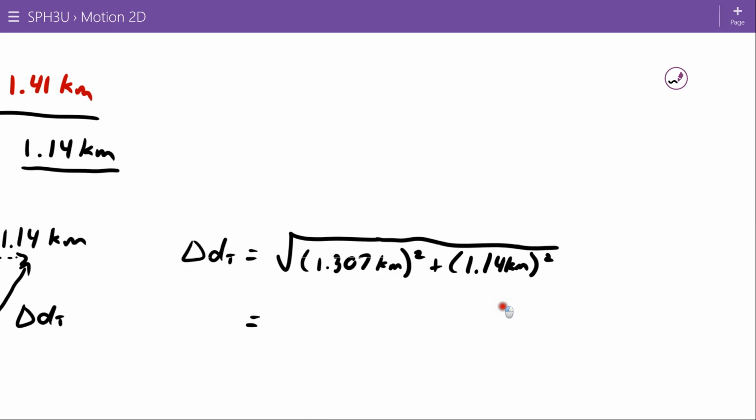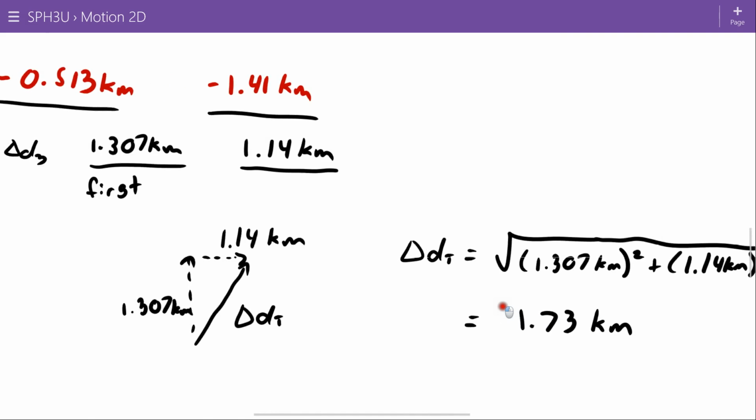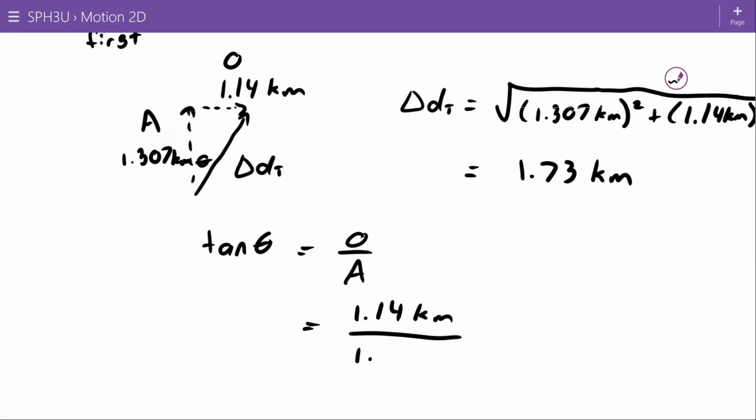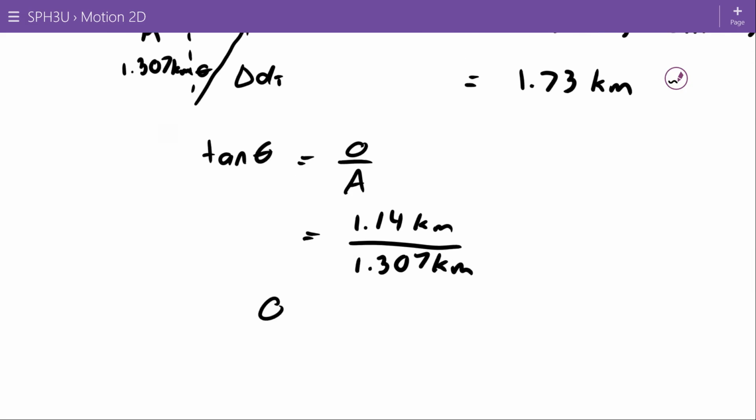Got 1.73 kilometers. And now I want to get this angle. This one's my opposite, and this one's my adjacent. So if I'm going to use my opposite and adjacent, that means I've got 1.14 kilometers divided by 1.307 kilometers. And I can get an angle using my inverse tan.